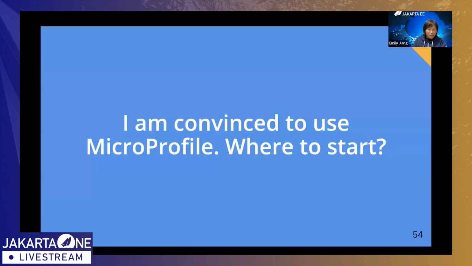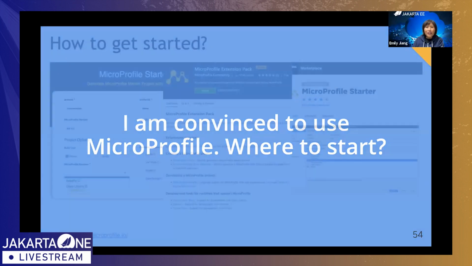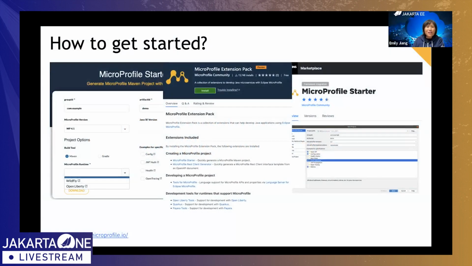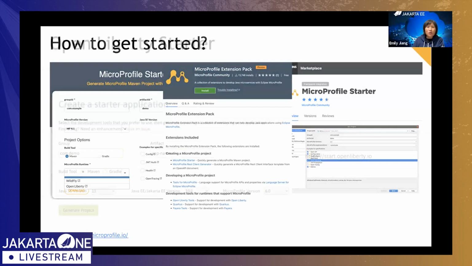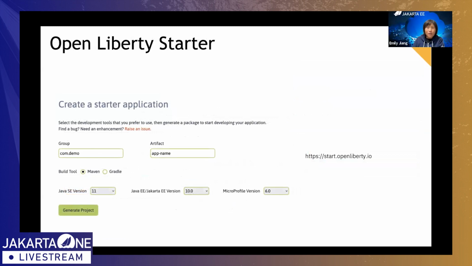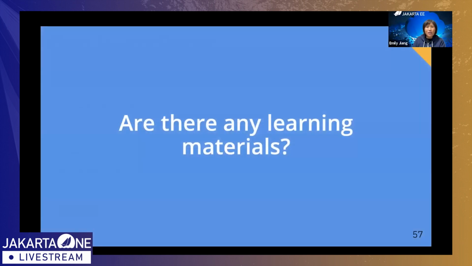So if you are convinced by MicroProfile, here is where you can get started. I mentioned the MicroProfile Starter. This extension package works for both IntelliJ and VS Code, and you can install it. Again, there is the Open Liberty starter, and some other runtimes might also have a starter.